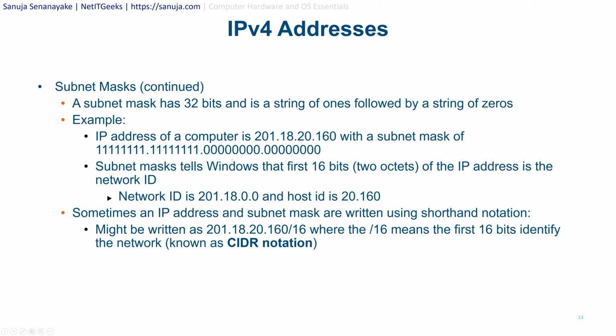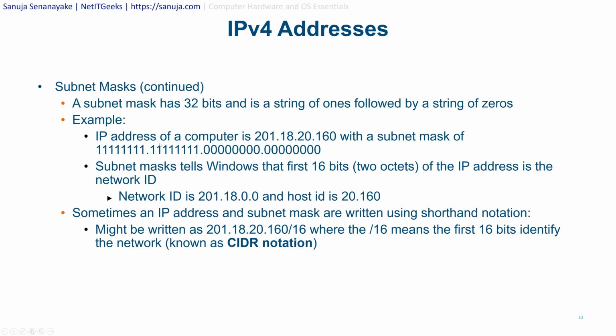The network ID in this case is going to be 201.18.0.0, and the host is going to be 20.160. Why? Because of the way subnet masks work: these are all ones, so they count as part of the network. The first octet is associated with the first octet of the mask, the second with the second, the third with the third, and the fourth with the fourth.